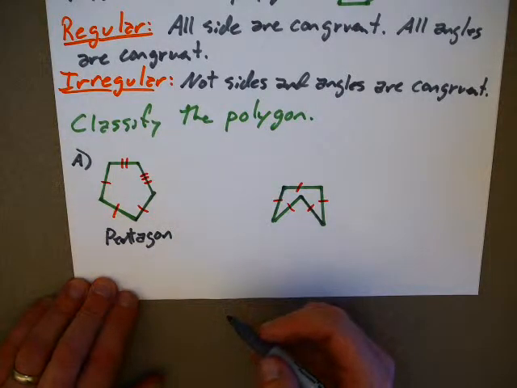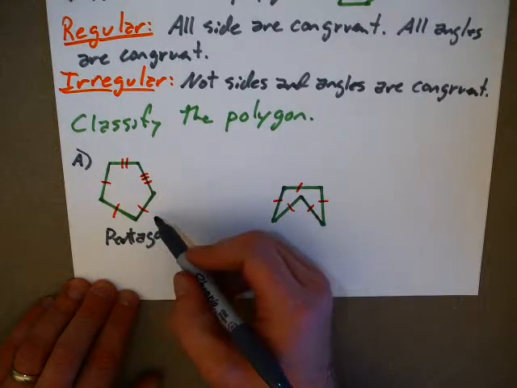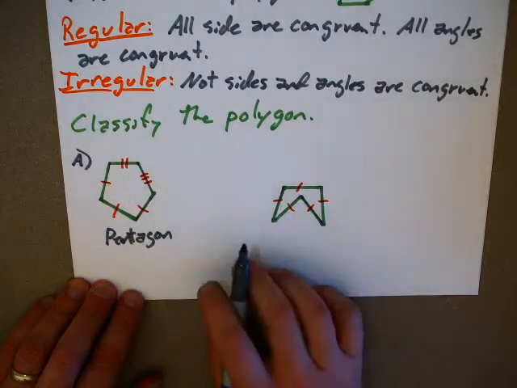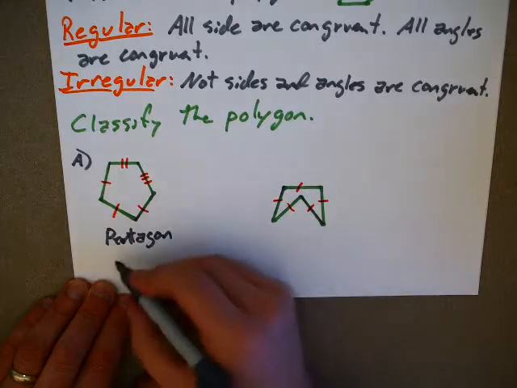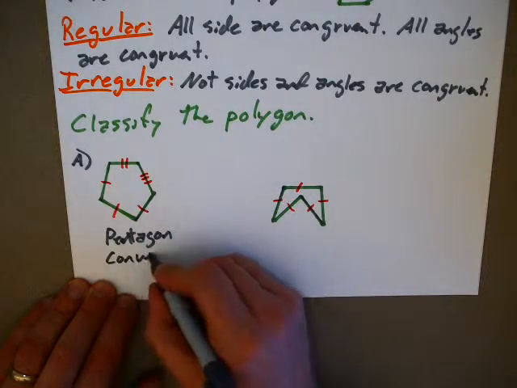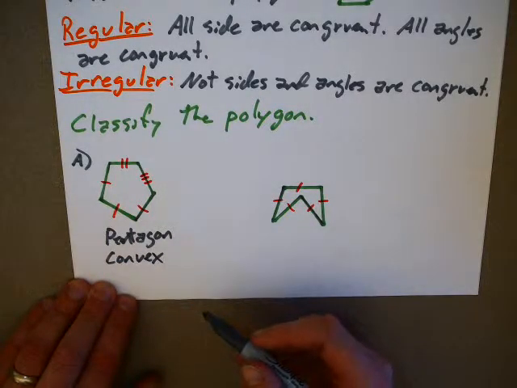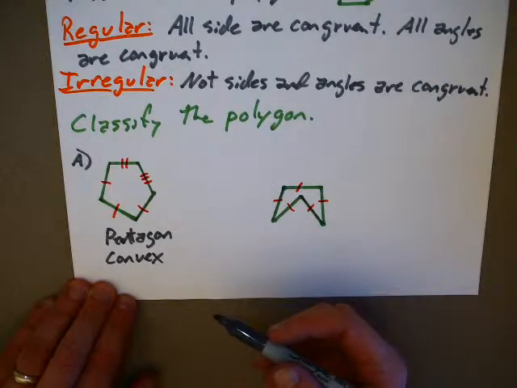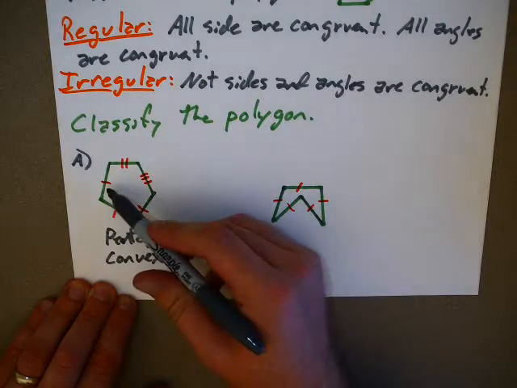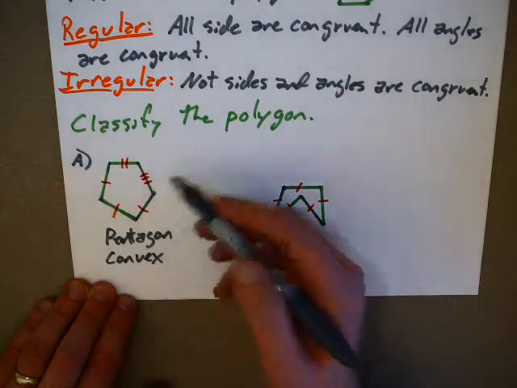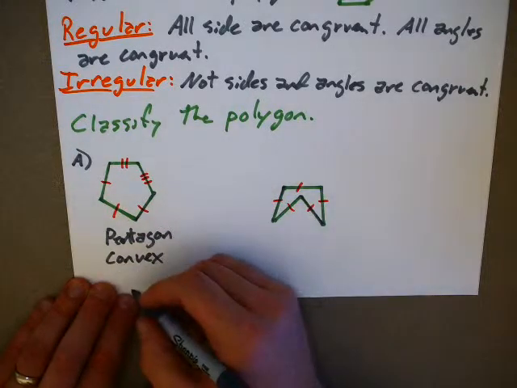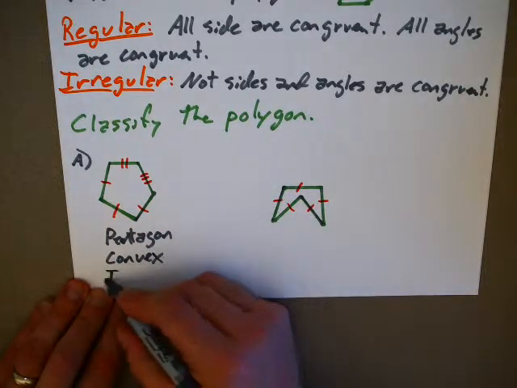Then I would decide if it is concave or convex. Well, I don't have any sides that are pushing into the interior, so this is going to be convex. And then I have to decide if it's regular or irregular. Well, these 3 sides are all the same length, but these 2 are not. So this is going to be irregular.